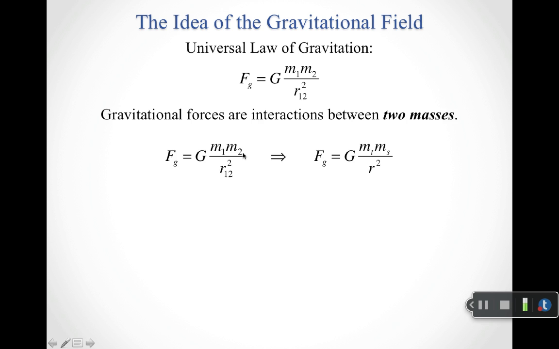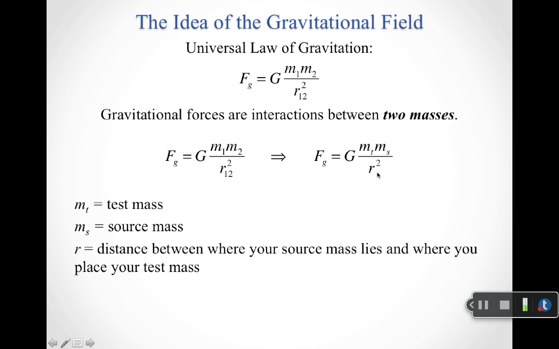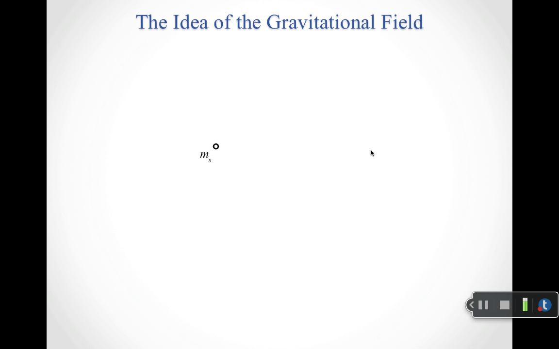So instead of calling one m1 and the other m2, and the distance between them r1,2, we're going to relabel them. One we're going to call the test mass, the other one we're going to call the source mass, and then r is just going to be the distance between where the source mass lies and where you place the test mass. So we're relabeling our two masses, and we'll see why in a second.